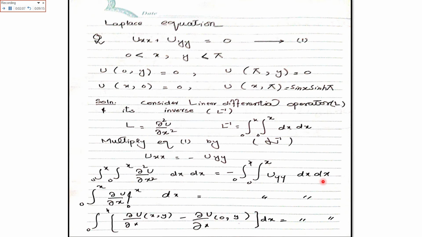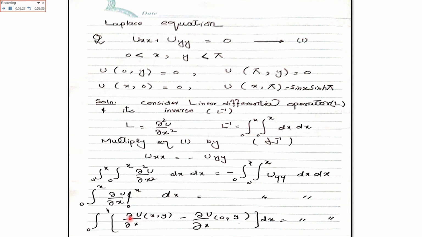Now we open the first integral, and this side remains as it is. We operate this integral with this derivative, so the second derivative is converted into the first derivative, which equals the integral from 0 to x of ∂u/∂x dx.